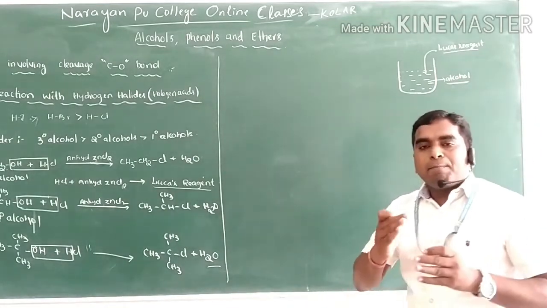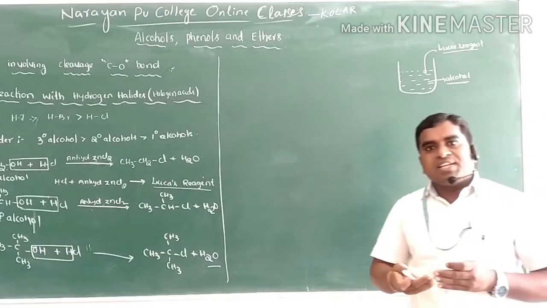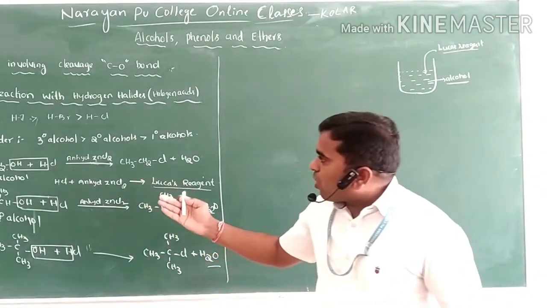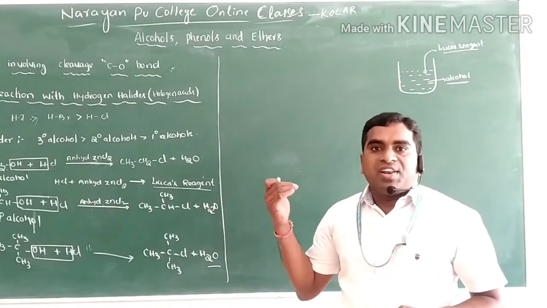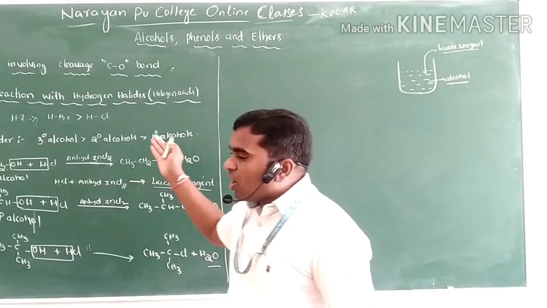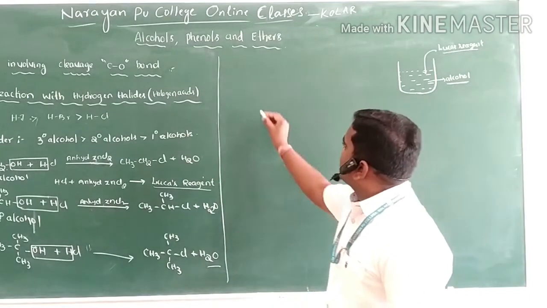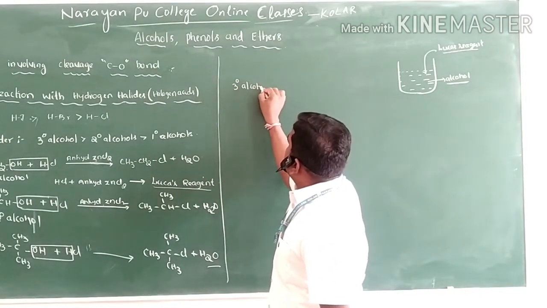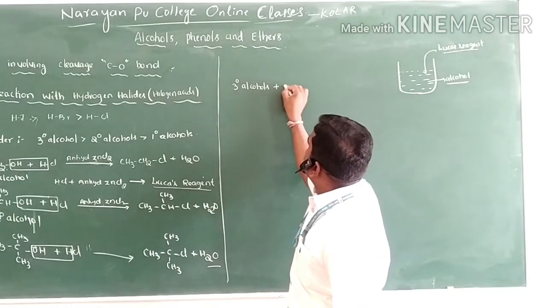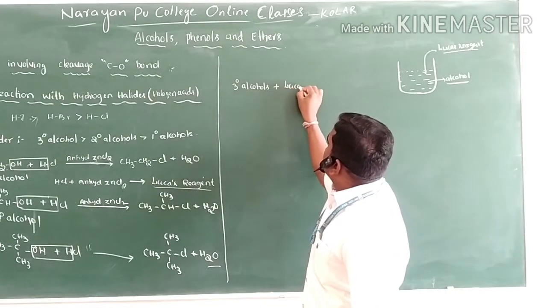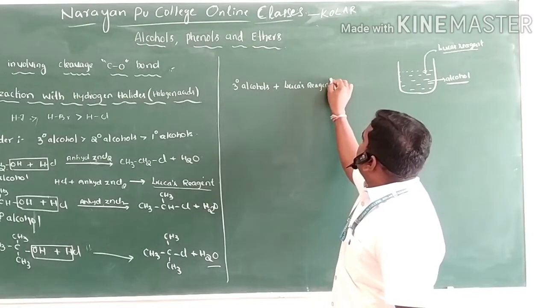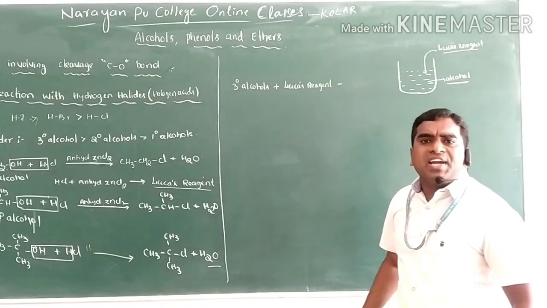So by the formation of this turbidity we can easily identify which alcohol is more reactive towards the Lucas reagent. If you take tertiary alcohols with the Lucas reagent, turbidity will form immediately.